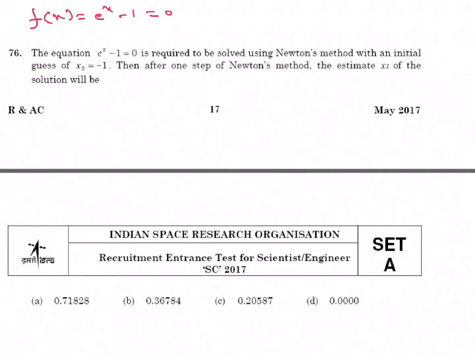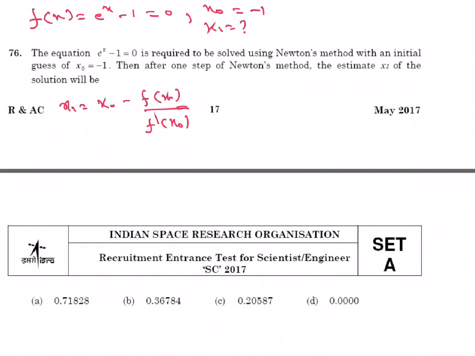Then initial is minus 1, x1 value we have to calculate. x1 equal to x0 minus f of x0 upon f dash x0.